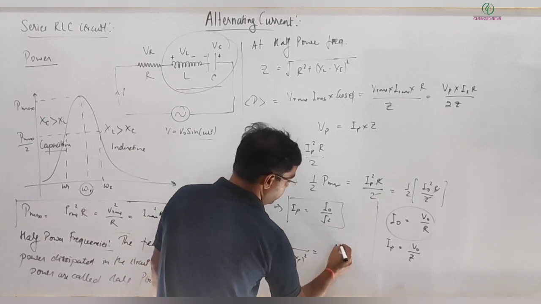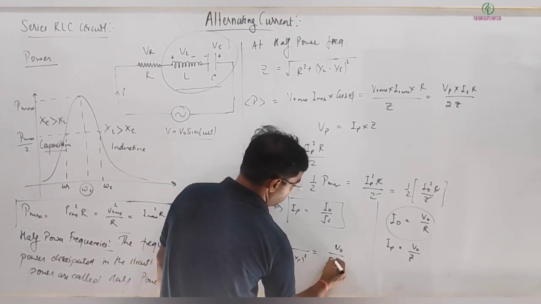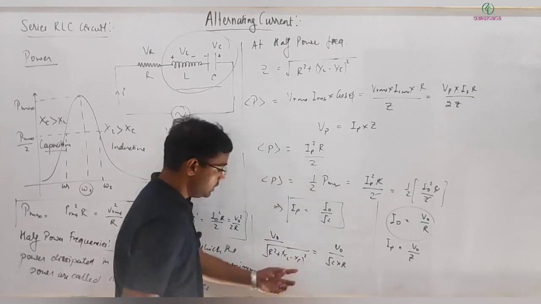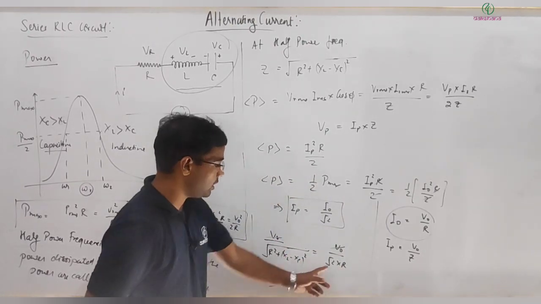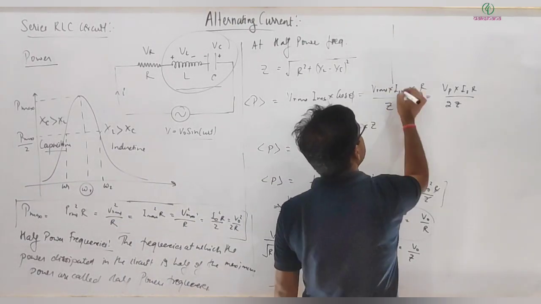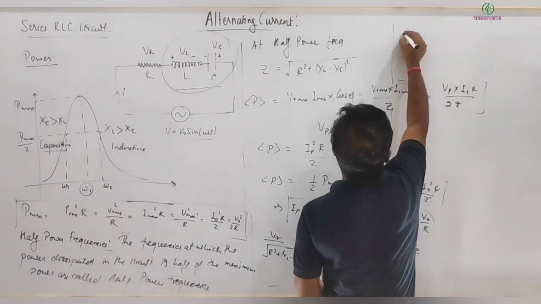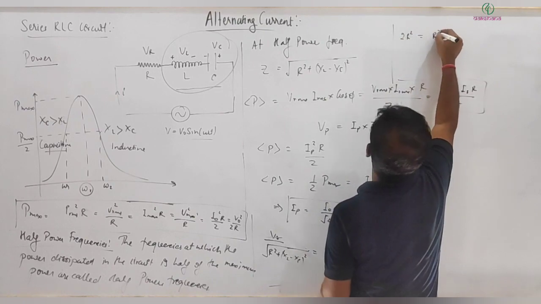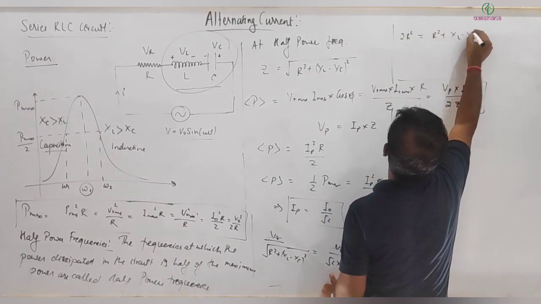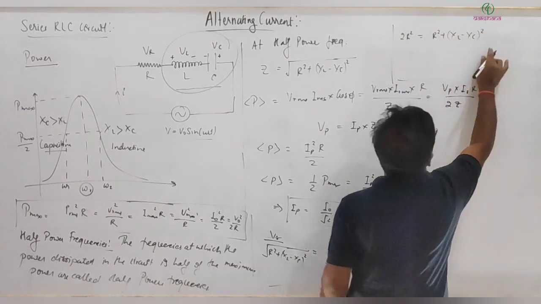This is equal to V naught divided by root 2 into R. V naught gets cancelled and squaring on both sides, I am getting here 2R square is equal to R square plus X_L minus X_C whole square.